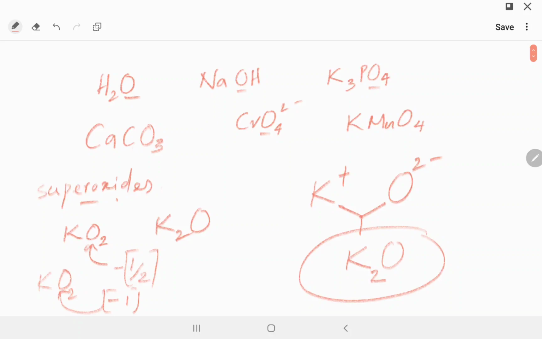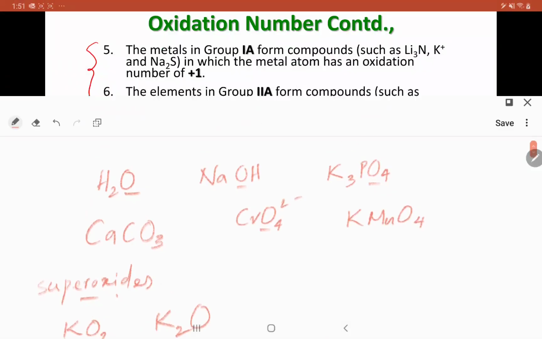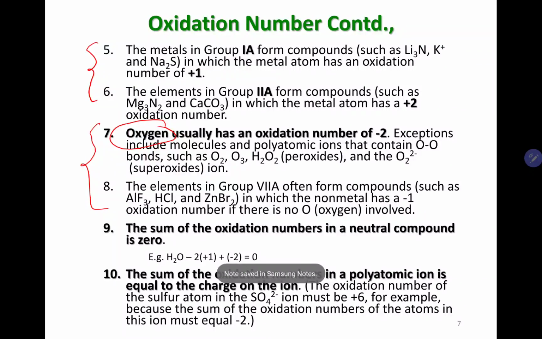Are we good? By the way, I made a small mistake, so let me fix it: -1/2. There you go. So superoxides and peroxides have an oxidation number different from -2. But hey, 99% of oxygens are regular oxide, so the oxidation number of oxygen will be -2.